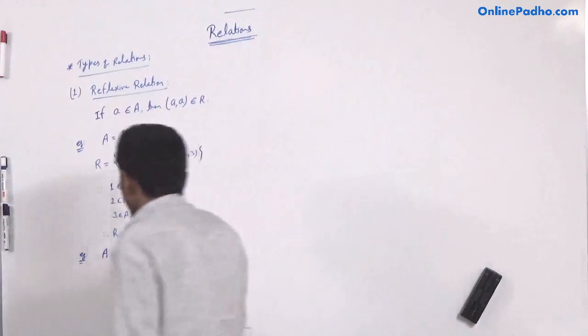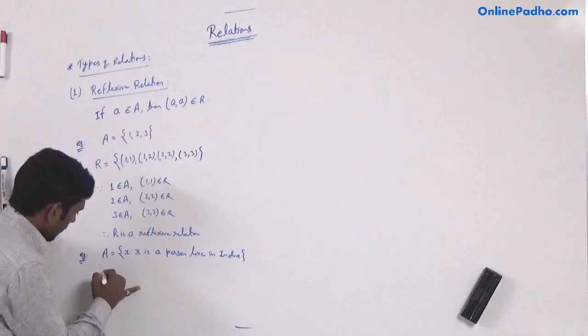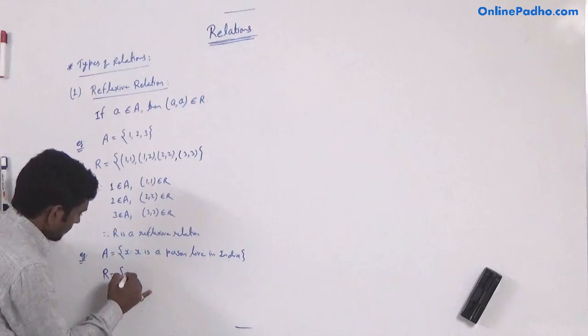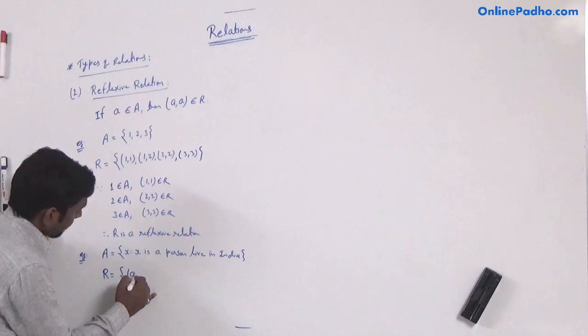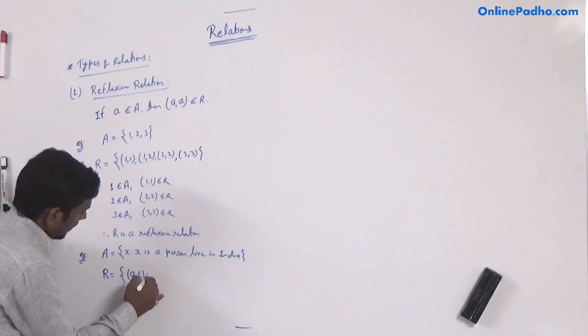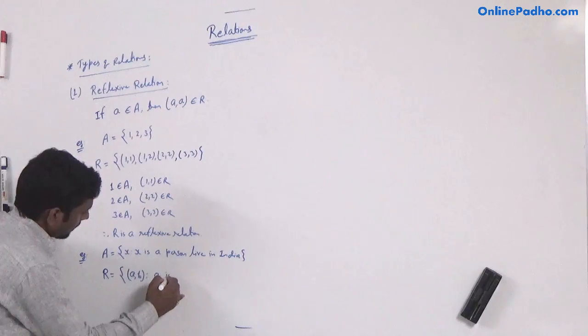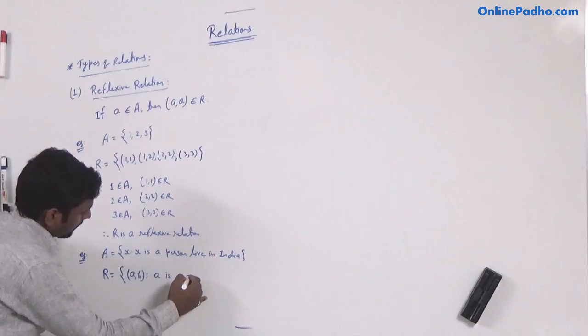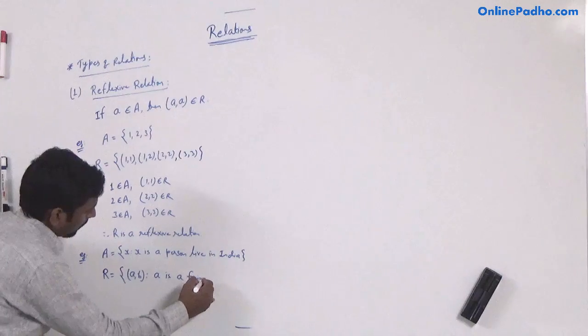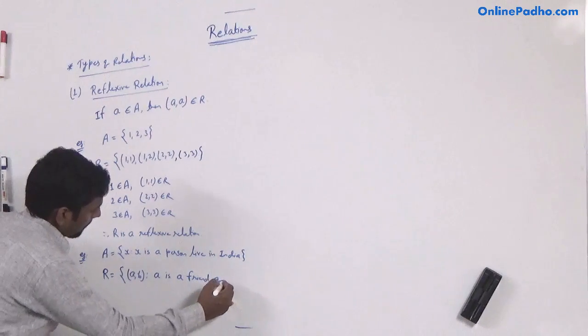And the relation R is the set of (a, b) such that a is a friend of b.